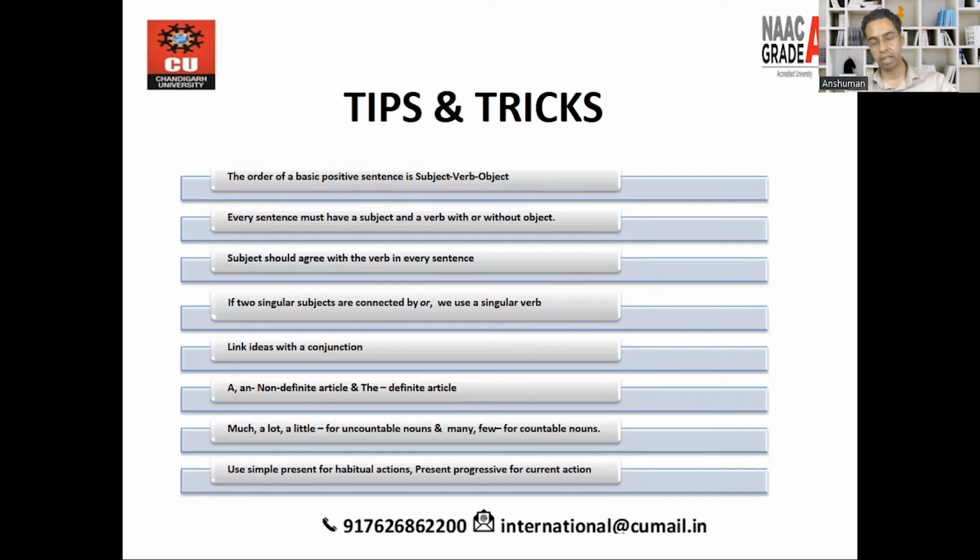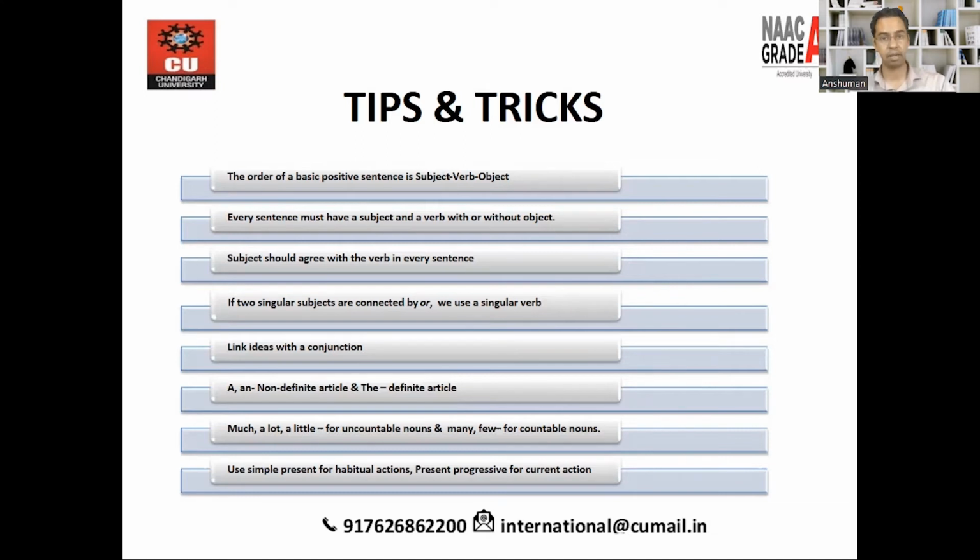So whenever it is a regular activity which we keep on doing on a daily basis, we will always be using simple present. And present progressive, which is also known as present continuous, we'll be using when some action is continuing at the time of speaking.